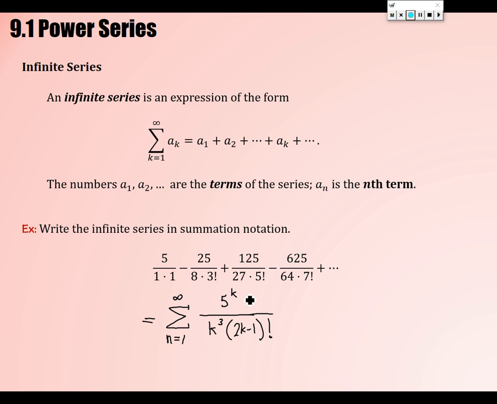Yeah, I like that idea. -1 to the k. But if we do k, she's saying then we'll get negative, positive, negative, the opposite of what we want. So I don't know, there are a couple ways. You could throw a negative out front. Or you could do k plus 1? Sure. Or k minus 1. Whatever, the point is, that's all good. So anyway, I think this finally works.